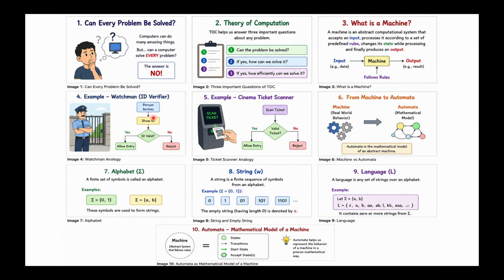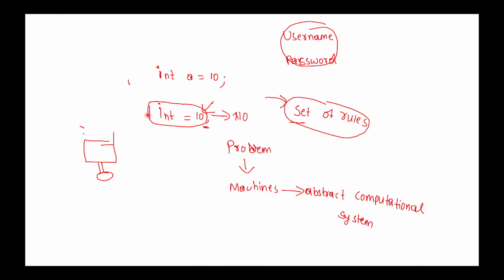This flowchart shows a person arrives, he shows the ID, and whether it is valid or not, based on that the entry is allowed or rejected, right? So what is actually happening here? Let's understand that. First thing is the entry of a person, right? So there is a person and he has an ID card.